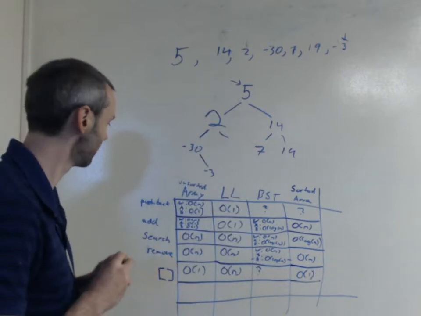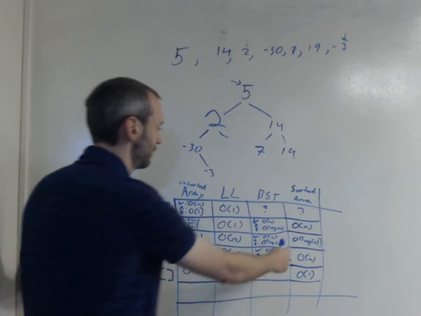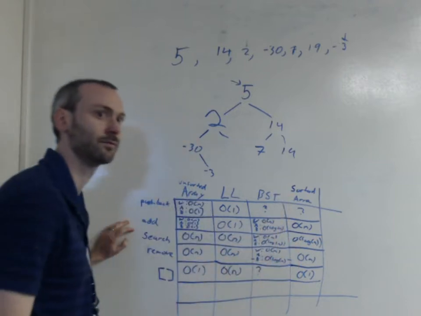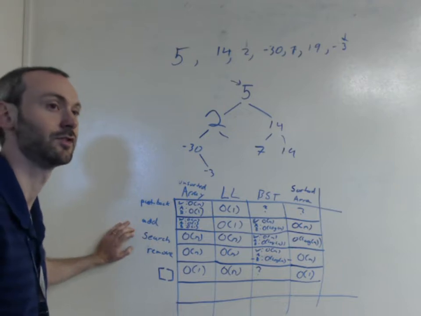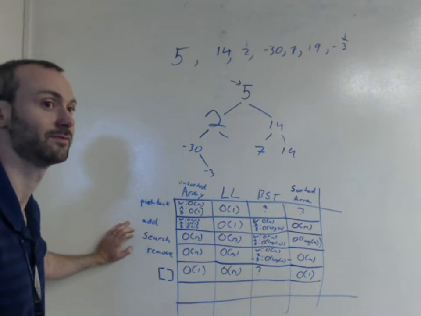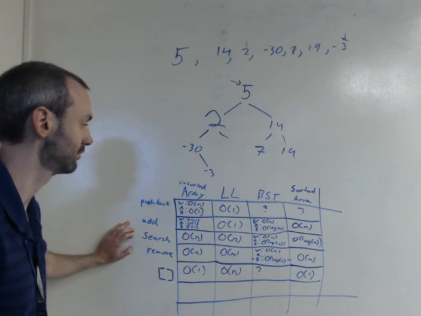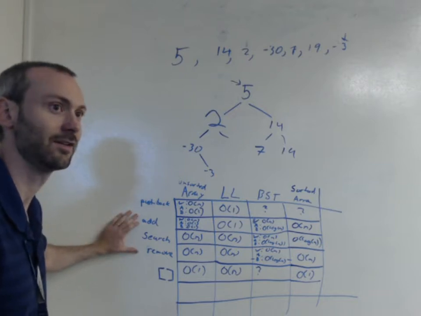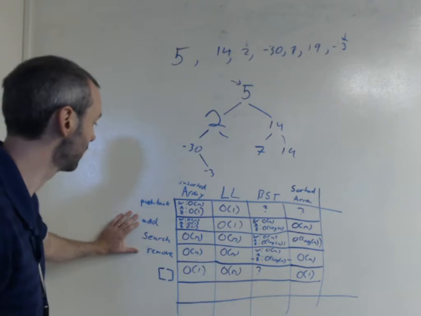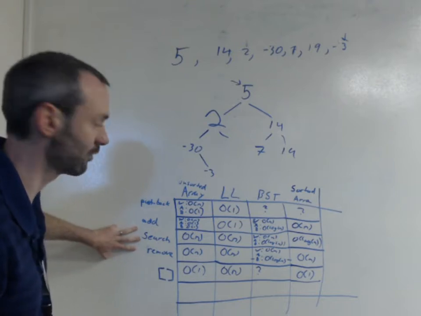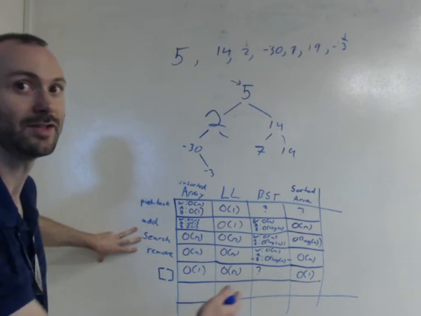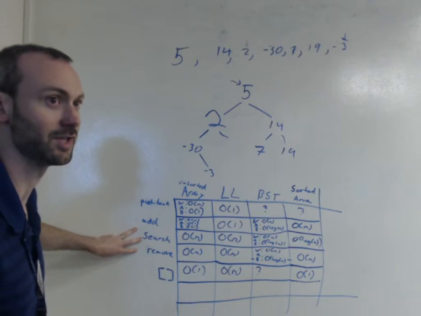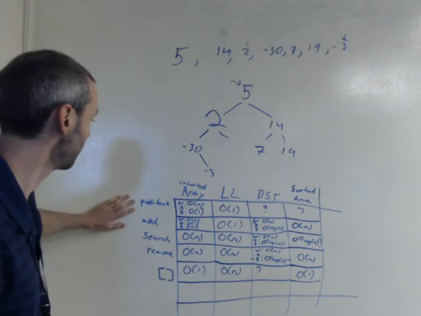Okay. How about now? Searching the sorted array wins. So if you're just searching, the sorted array is going to win that one. You're still faster on removing and adding with the binary search tree, but removing and adding on the sorted array, you're slower. So if you're doing these three operations a lot, the binary search tree is the winner.